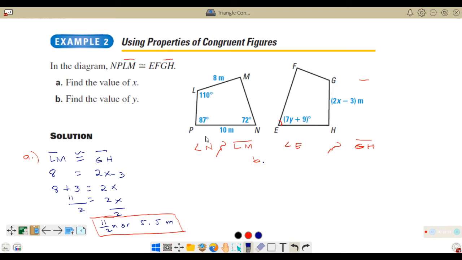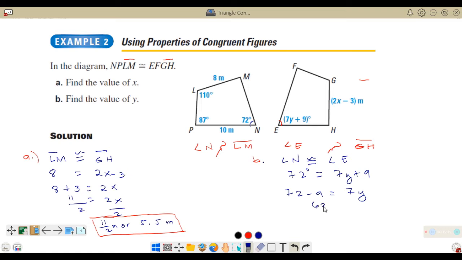Okay? Now, let's move forward to letter B. For letter B, we are looking at the value of y. So, to get the value of y, we will be needing angle N. So, angle N is congruent to angle E, which is, using the properties of equality, 72 degrees is equal to 7y plus 9 degrees. Using addition property of equality, 72 minus 9 is equal to 7y.